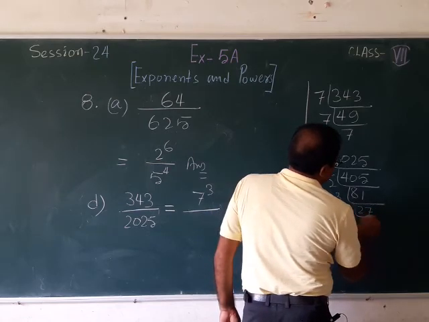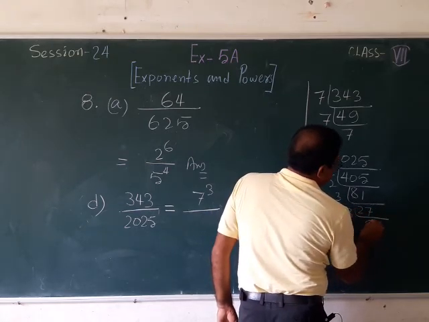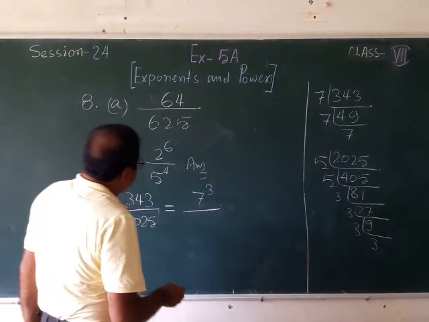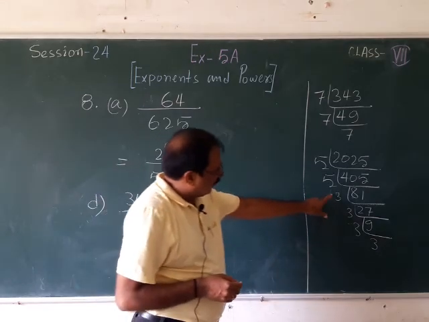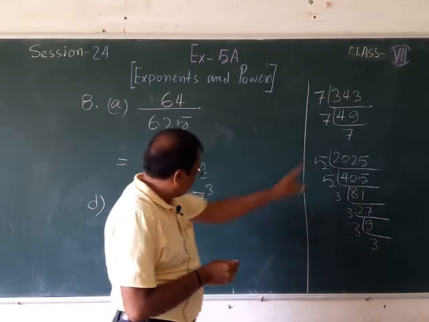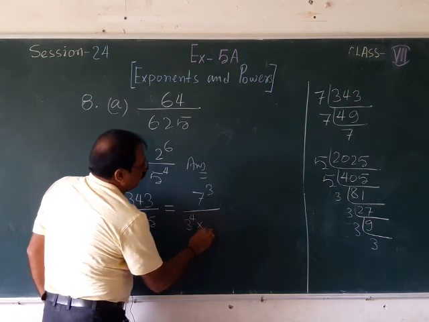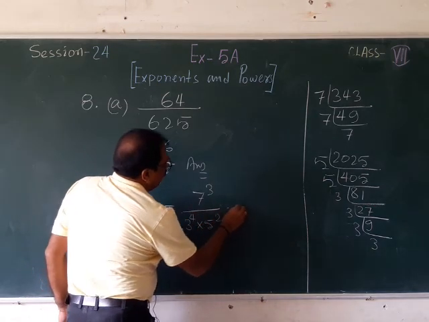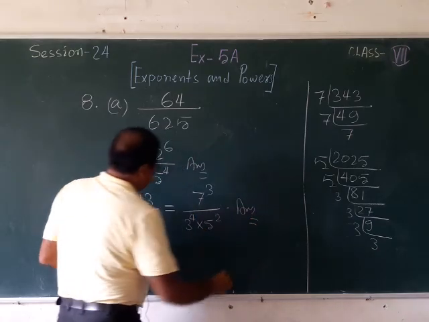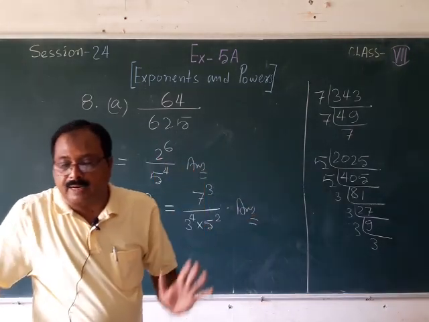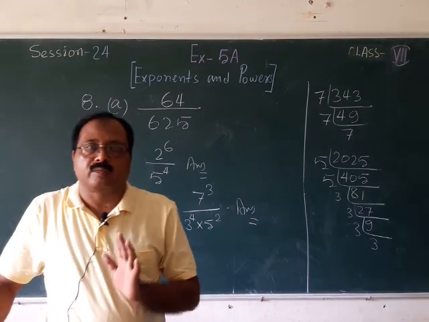So you can see here, 3 is coming 4 times and 5 is coming 2 times. So you can arrange it by writing 3 to the power 4 into 5 to the power 2, and it is your answer. So on the rough side you must show the prime factors when you are doing such types of sums.